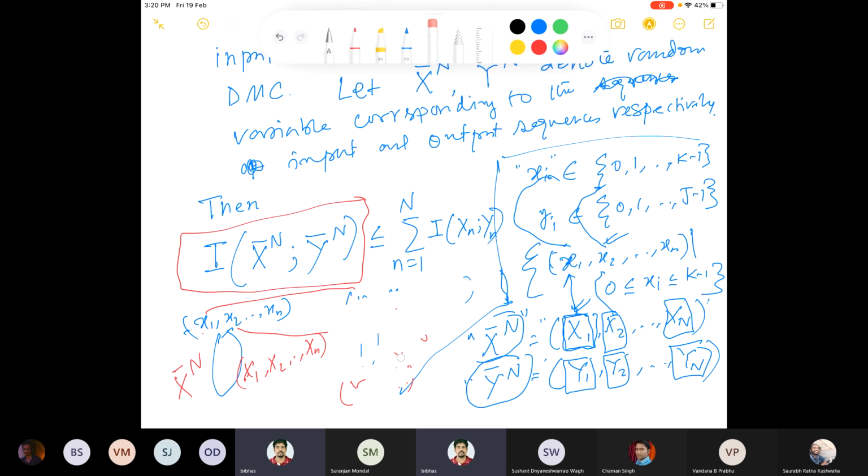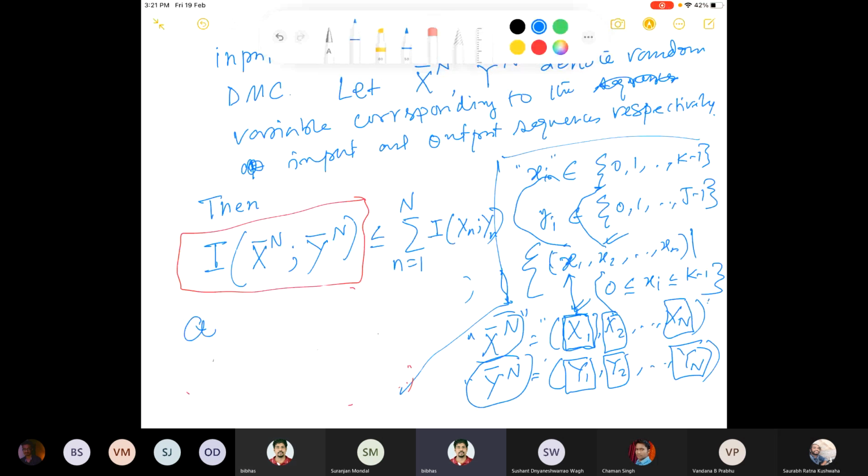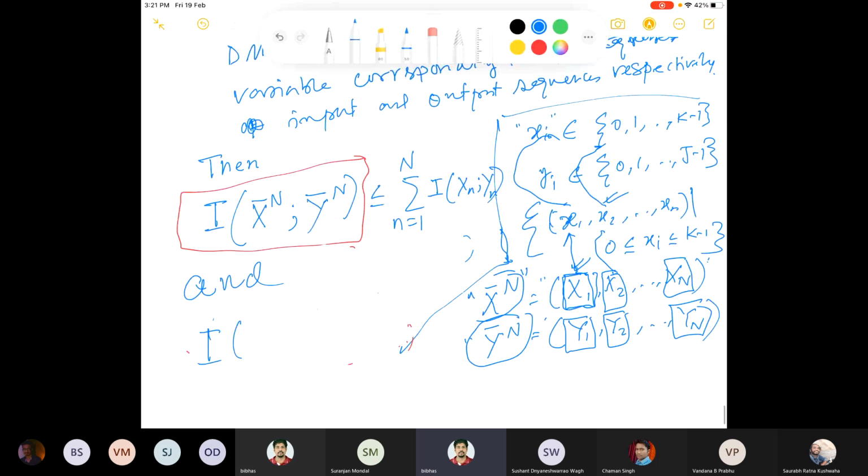Now it says more. Furthermore, it gives a bound on the channel capacity. It says I(X bar n; Y bar n) is less than or equal to N times the channel capacity.